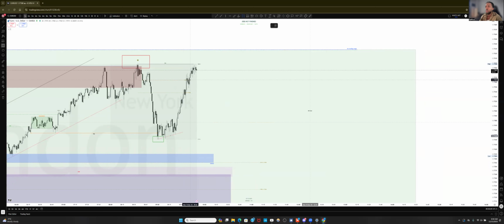If it does not push above, maybe it can use this zone here to complete this move to the upside. This zone could be the catalyst where price bounces off and finishes this move up here. So let's see. If it's not able to push, but right now it's showing that it is. There you go. Price has just reached that zone.